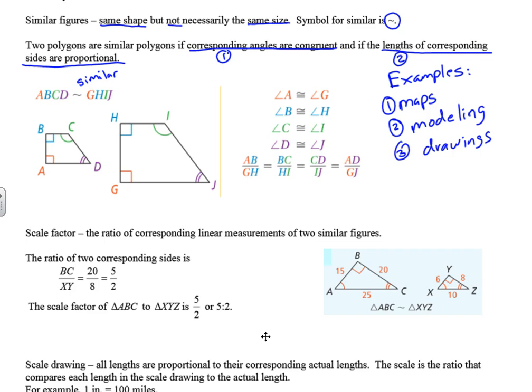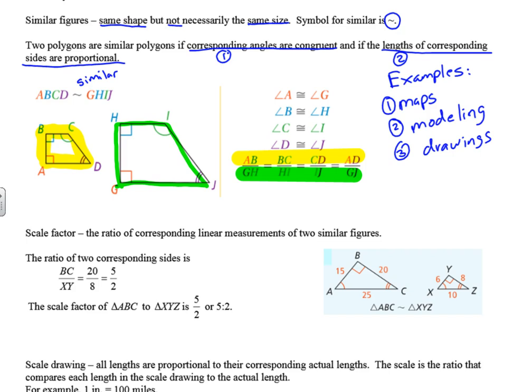So you'll notice this figure here, in this proportion, all of those are on the top. And then in this figure here, those are the ones on the bottom. So the corresponding sides are in one figure. There are other ways of doing it, I just find for me that that's the best way.